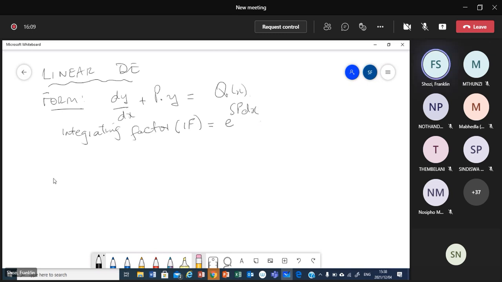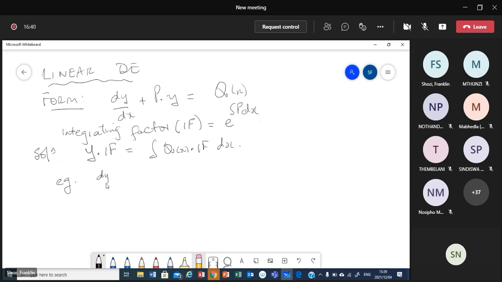Then the solution will always be y times your integrating factor equals the integral of q as a function of x times your integrating factor dx. So all linear differential equations will have a solution given by that, depending, of course, on whether you had y here. If you had something else here, it will be that times the IF.